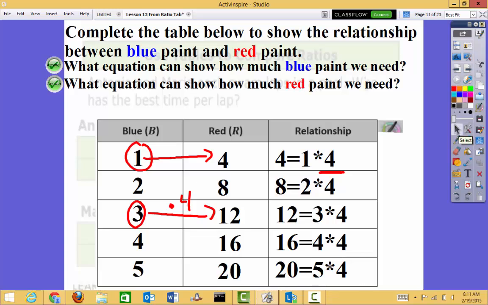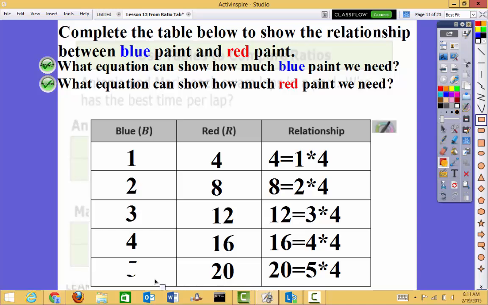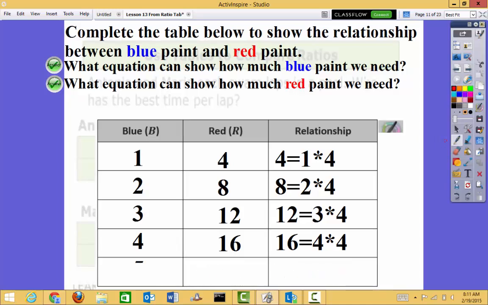So now it's asking, what equation can show how much blue paint I need? So it's asking, how can I see how much blue paint I need? Well, what that's saying is this. If I get rid of this last column just so we have a place to work, if I have blue, how do I know how to end up here? Well, what I'm seeing is I'm always taking my blue paint every single time, and I'm doing what to it?